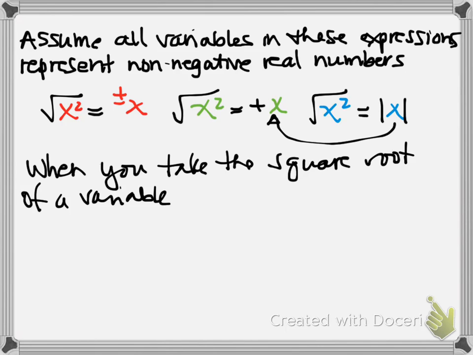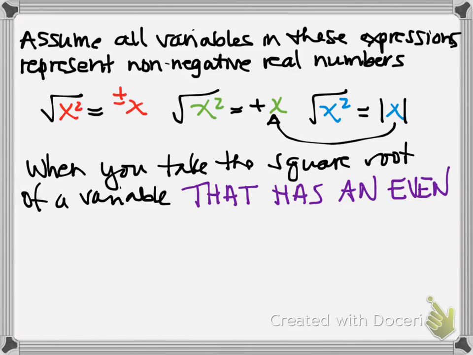Justin? You would cut it in half. Now, I'm going to put a little proviso. This has to be true. So when you take the square root of a variable that has an even exponent, because you can't cut in half an odd number, cut the exponent in half.